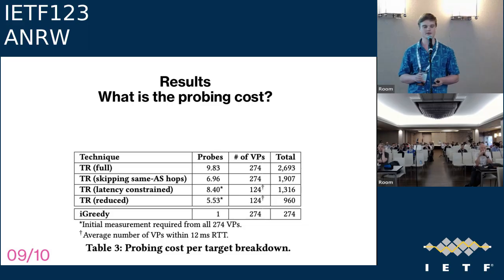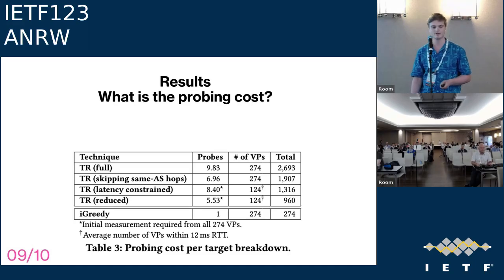Furthermore, we can restrain the number of vantage points we use, because we only care about vantage points within 12 milliseconds of the target for the latency neighborhood method to apply. And if we combine that with skipping the same AS hops, we come to 5.5 probes needed from 124 vantage points on average. And then you find that the probing cost is 4 times that of iGreedy.